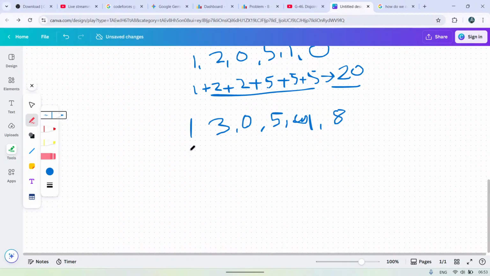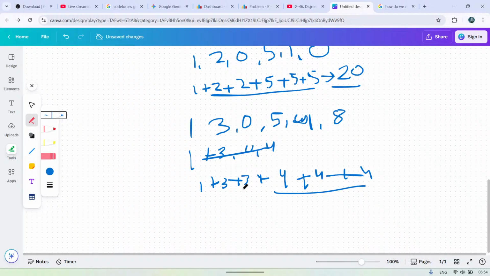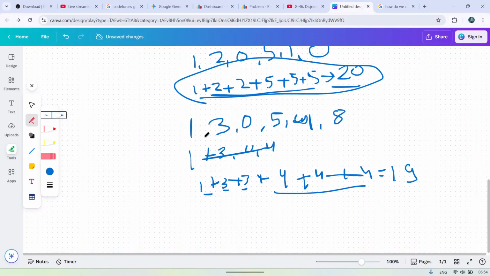So if I have distributed three cards, then here I can only distribute four cards. So what will be my answer? 1 plus 3 plus 3 plus 4 plus 4 plus 4. So 12, 15, 18, 19. I'm getting 19. But if I follow the top order, I can get 20. So this is not optimal to give all, because there is somebody bigger than him in the future, to whom if we give more cards, it will be more optimal, right?